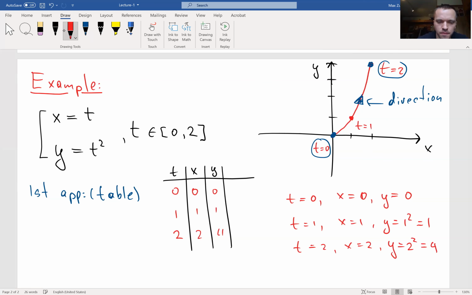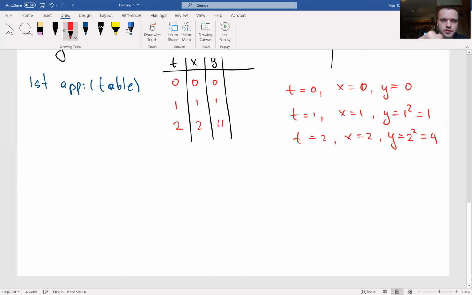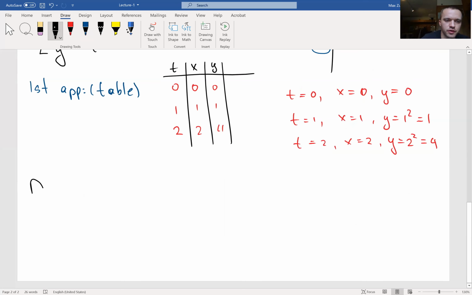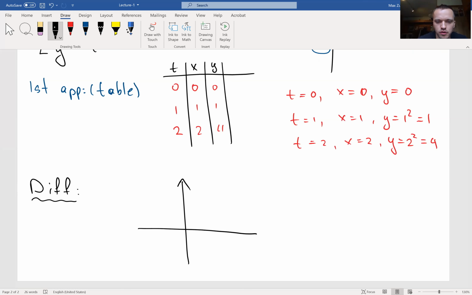Okay, so right now you can see what is the difference between Cartesian and parametric graph. Before, if we had a parabola, we had just the graph that looked like this. It was y is equal to x squared.